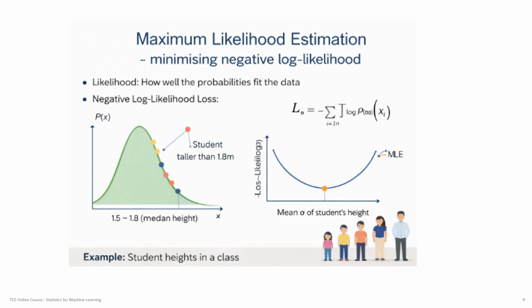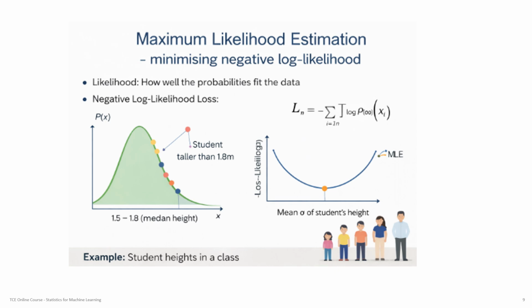Very tall students, like above 1.8 meters, are rare, so those values fall in the low probability region. Now, the colored dots on the curve represent actual observed student height data points. The idea of likelihood is how well our chosen probability model explains these observed values.